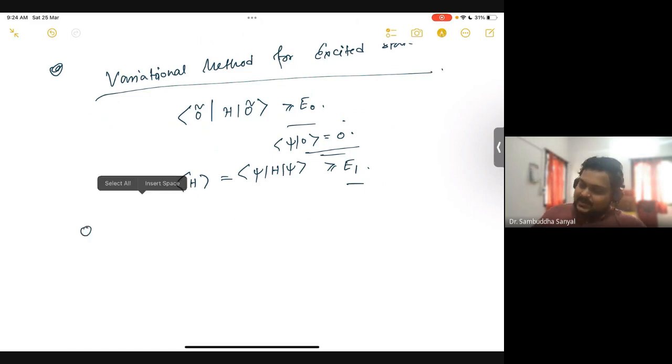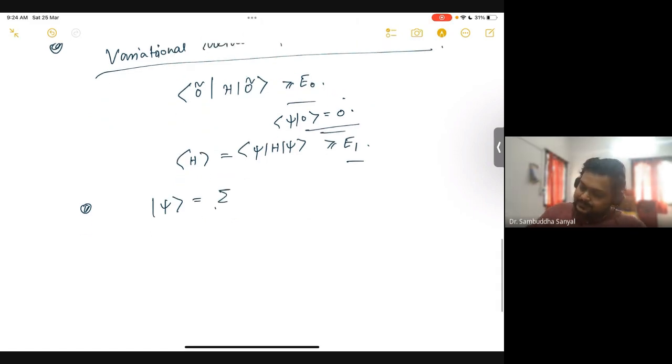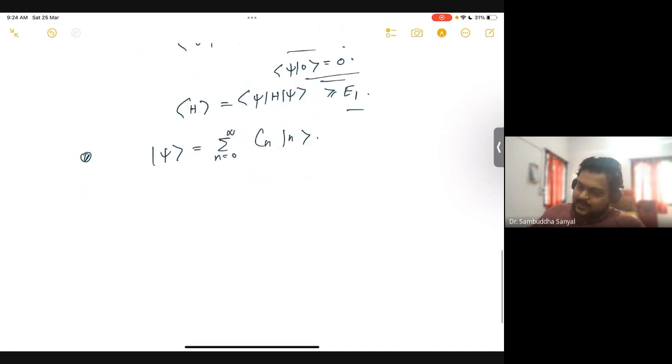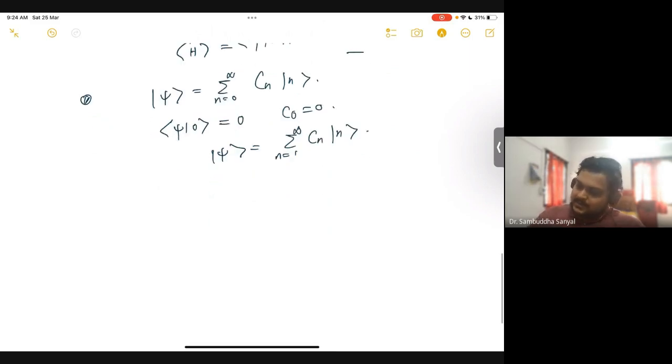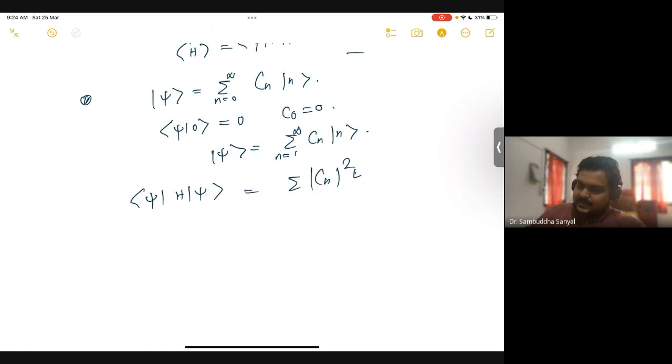So now I do the usual thing. I know that the overlap of psi with psi 0 is 0, so C naught is 0. Then I can prove that psi H psi is equal to the sum of Cn square En.